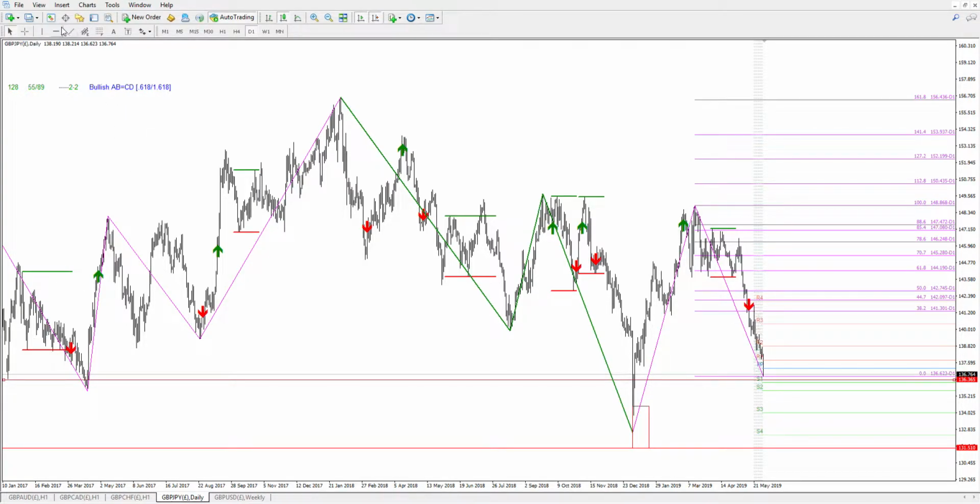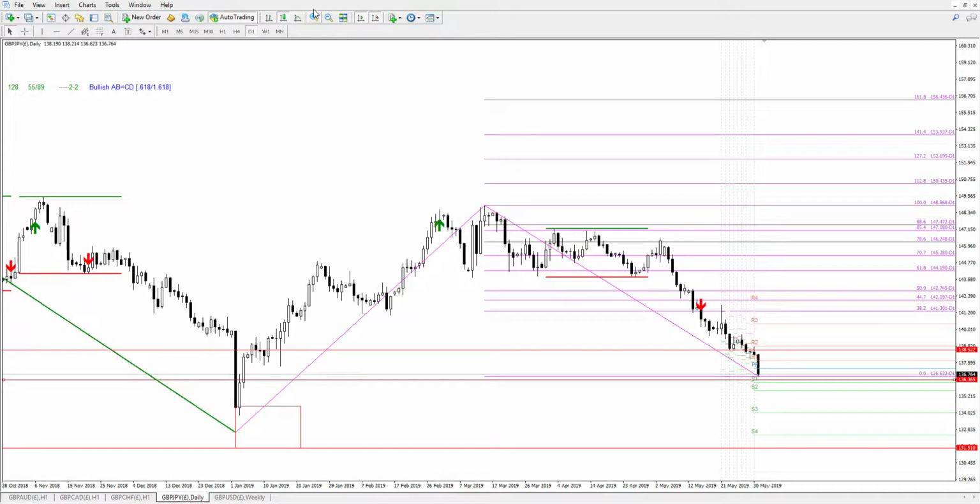Support here 138.52. Zoom in. So we don't want that to break below 136.36. And if it goes below 131.51, then it's going to get pretty horrible.